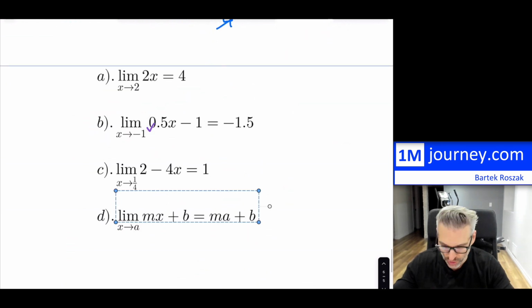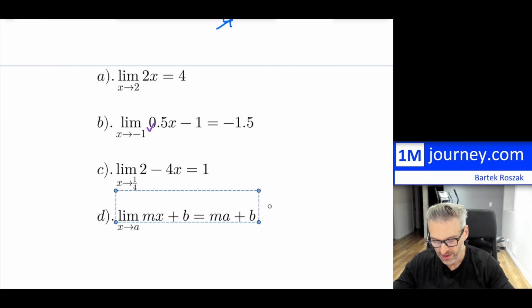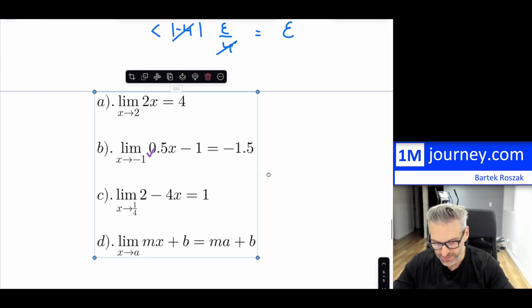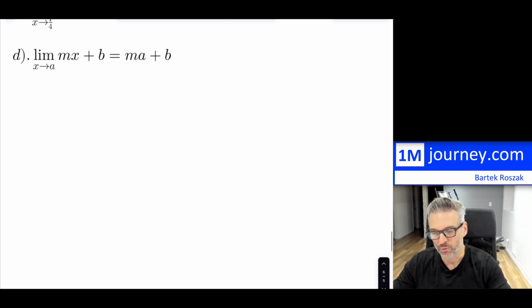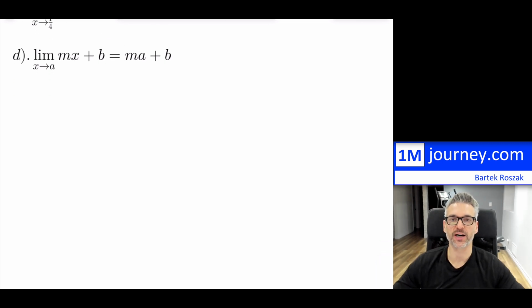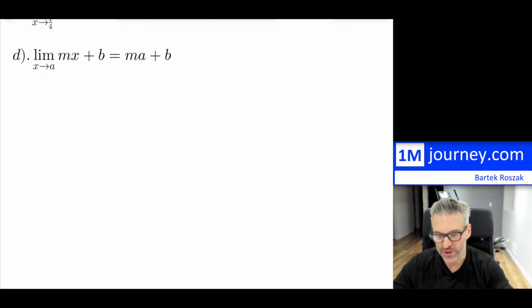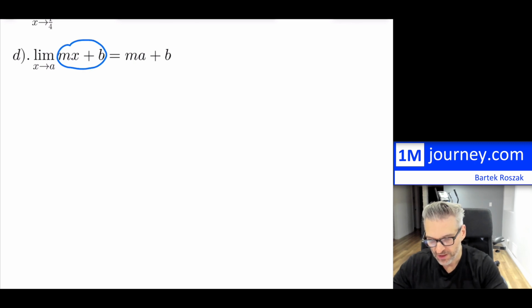Now, I'm not going to go through the entire thing. I won't make it as formal, but I just want to show you what happens and how you can find your delta. So let's imagine we made our statements and so on, but notice what happens here. This is my f of x, so what we're going to have is mx plus b.